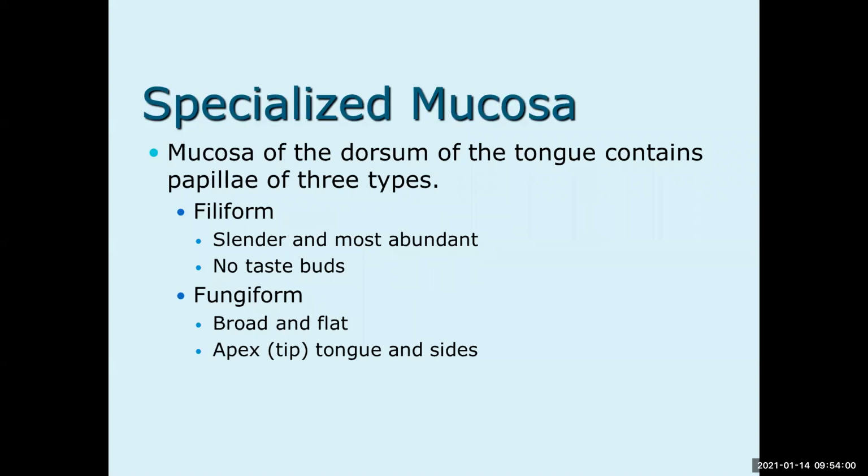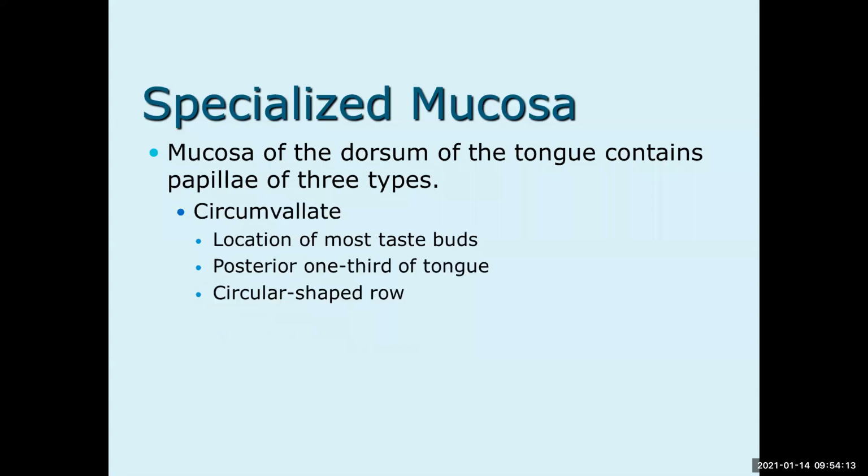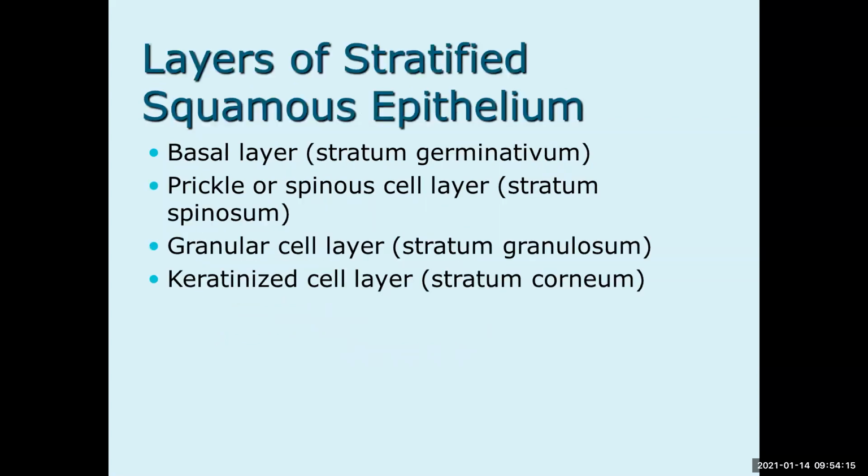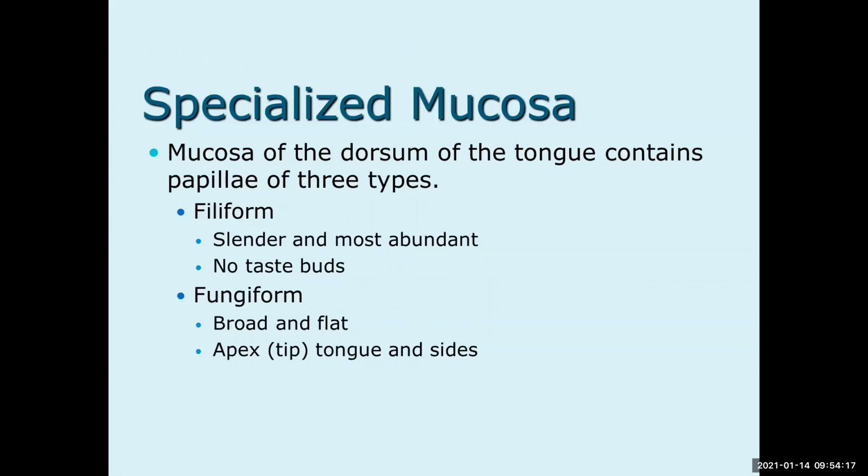You have your specialized mucosa, which is the tongue. The mucosa on the dorsum of the tongue contains the papillae: the filiform, the fungiform, the circumvallate, and what's not listed here. Filiform, fungiform, circumvallate.